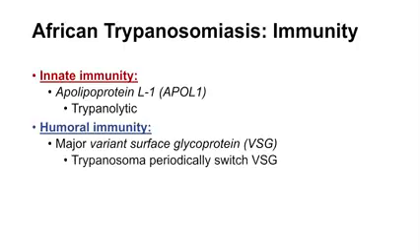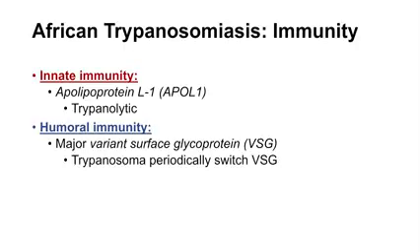But what is interesting and what is important for the pathogenesis of trypanosomiasis is that the trypanosoma can actually periodically switch their VSG, or their variant surface glycoprotein, so they can make changes to that protein.